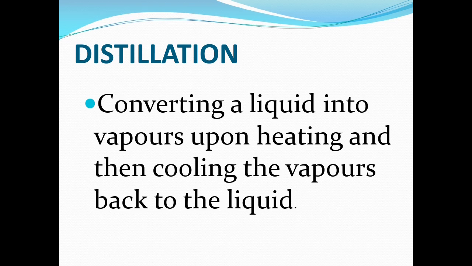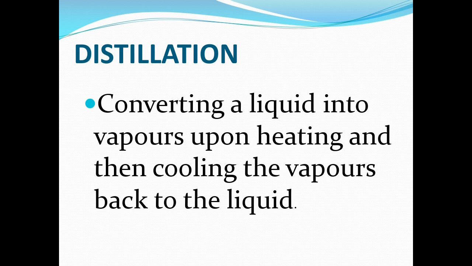First, this method is used for the separation of two miscible liquids. Miscible liquids means there is no boundary between these two liquids; you can't see the boundary of separation between them. They have different boiling points.